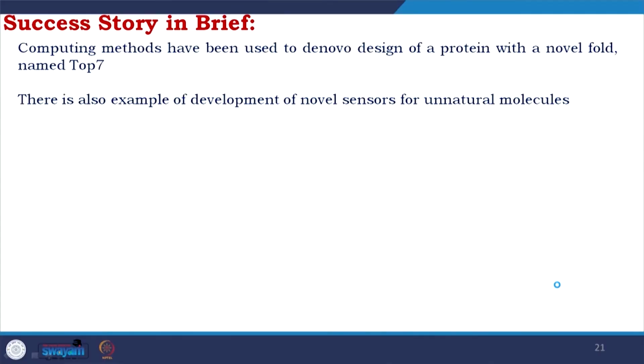This is a landmark. There is also an example of development of novel sensors for unnatural molecules. I have already shown how alpha helices are taken and then dimers, trimers, tetramers are made, and thus again the structure solution clearly shows that they have adopted very different conformations.